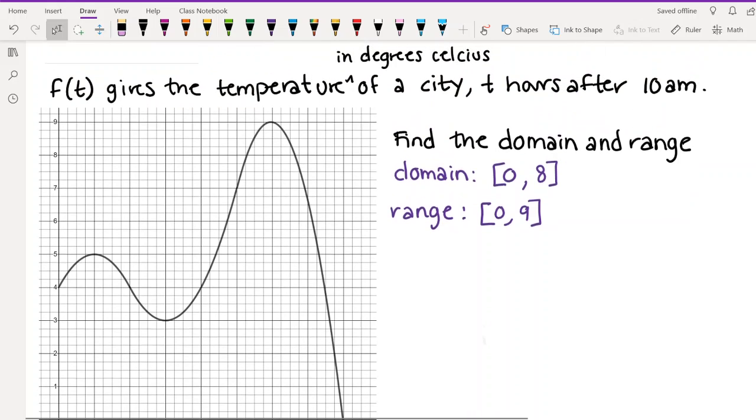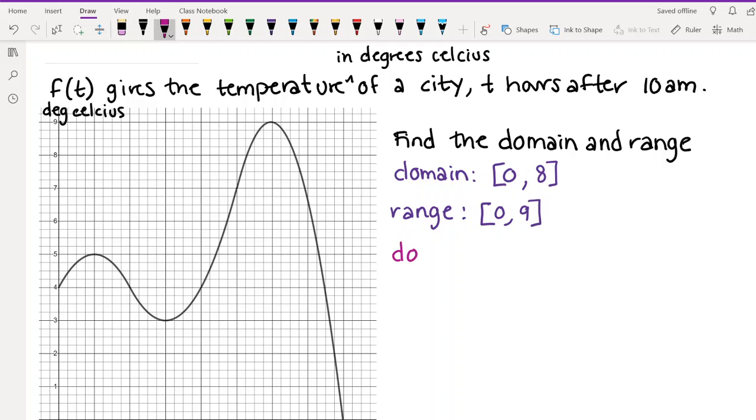And then what does the output represent? Well, the output represents degrees Celsius. So when we're talking about the domain, we're referring to t values, and so that's talking about time. It's a little confusing because time and temperature both start with a t. And when we're talking about the range, the output values, then we're talking about temperature. We're talking about degrees.